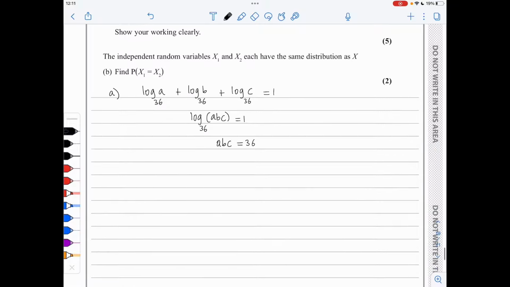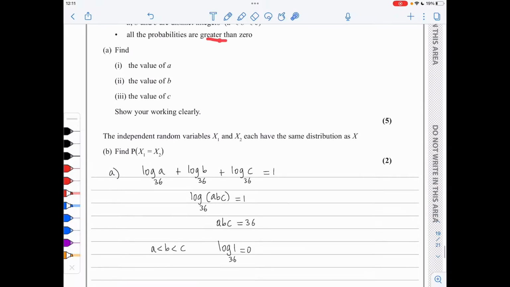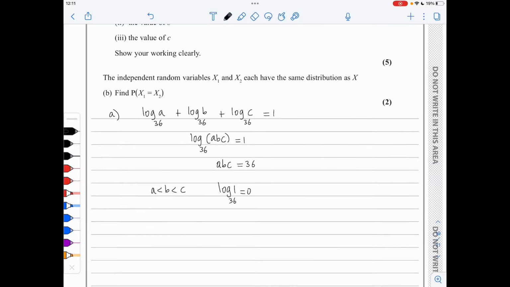In addition, the fact that we've got a less than b less than c, and knowing that log of 1 base 36 is 0, and none of the probabilities is 0, they are all greater than 0, this means that a must be greater than 1, and so are b and c.